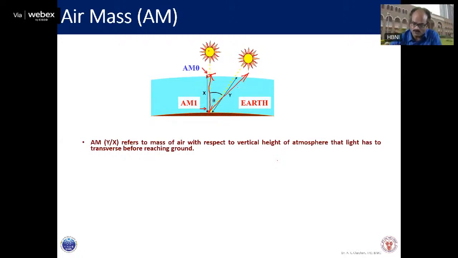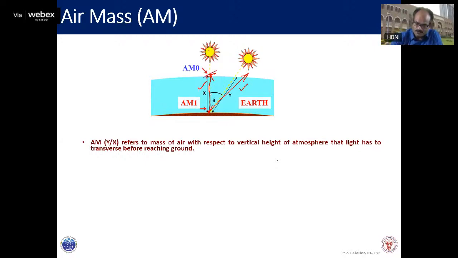In that case, the ratio of y divided by x, or y by x, refers to the air mass, and it is written after AM. So if I am writing AM0, it actually means that it has not crossed any atmosphere.